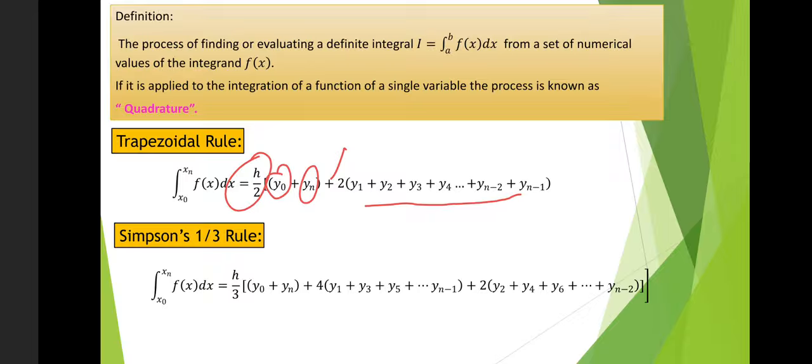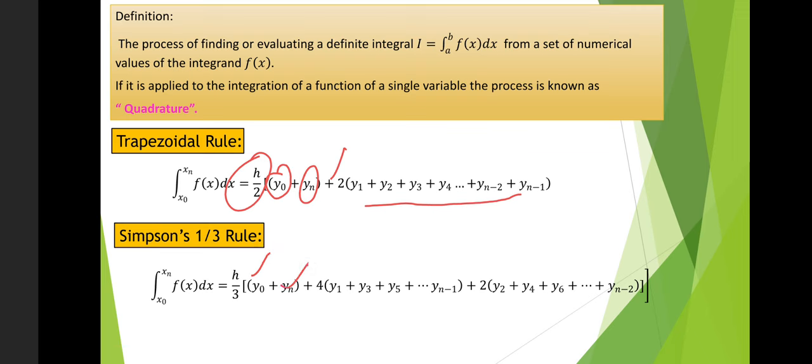Next, we will learn Simpson's one-third rule. This method gives a more accurate result than the trapezoidal rule because it assumes the curve is a parabola instead of a straight line. In this formula, the first and last ordinates y0 and yn are taken once.